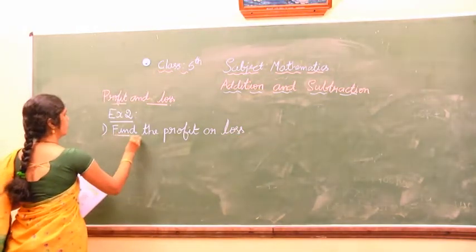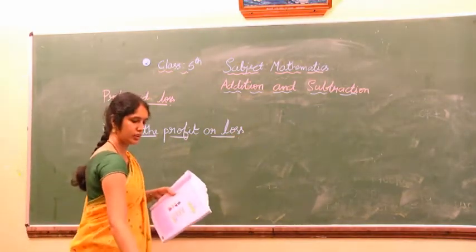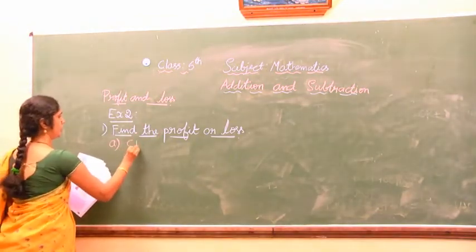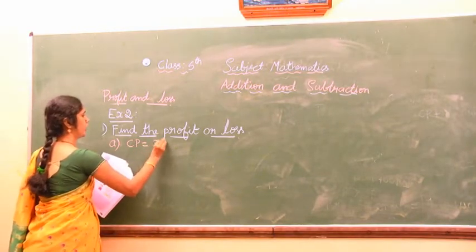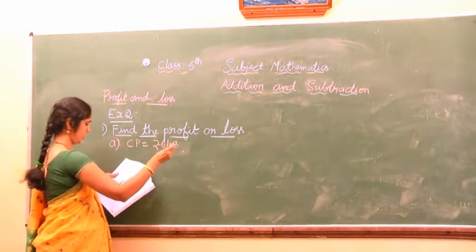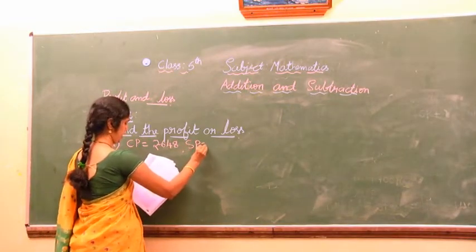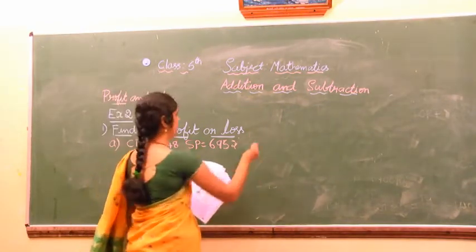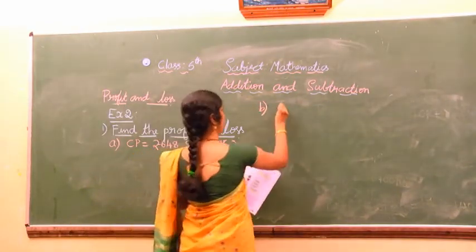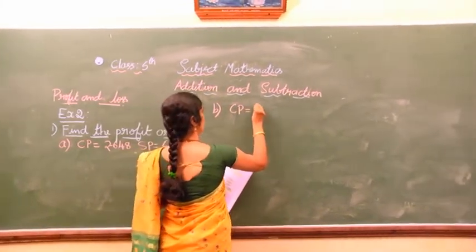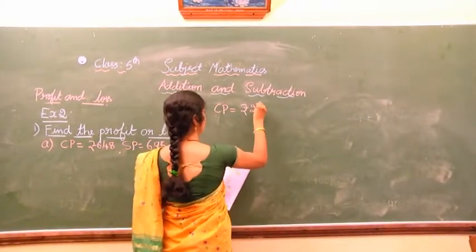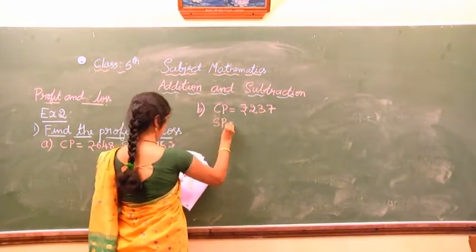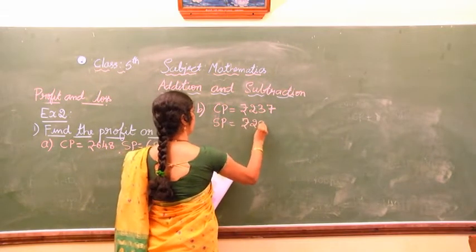In that, A: CP equal to 648 rupees, SP equal to 695 rupees. B: CP equal to 237 rupees and SP equal to 295 rupees.